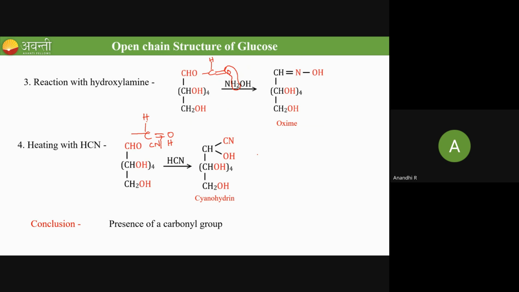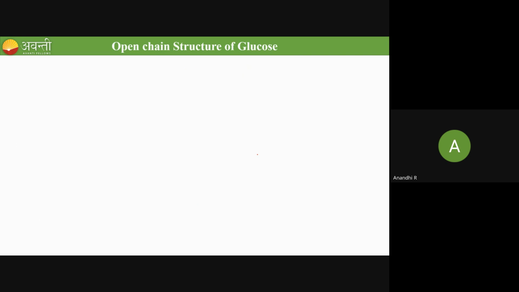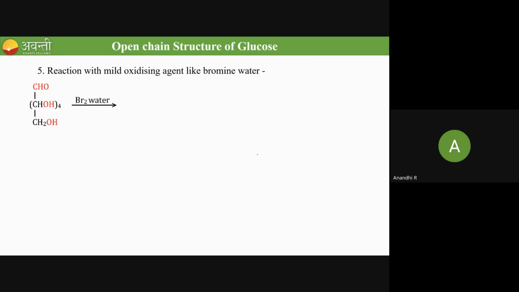Okay, so the next reaction is the reaction with a mild oxidizing agent like bromine water. So we are taking the glucose and treating it with bromine water. On reaction with bromine water, what happens here? The CHO group is getting converted to COOH. Aldehyde is getting oxidized to carboxylic acid.